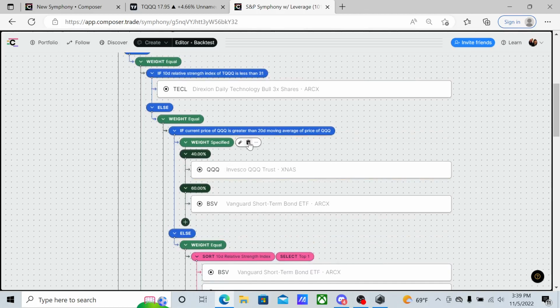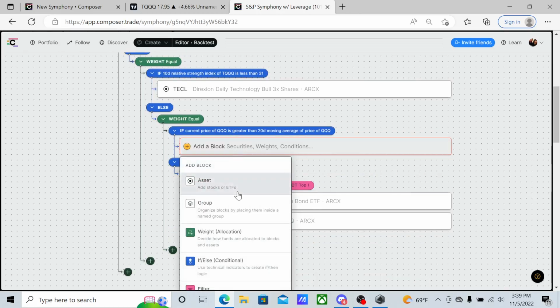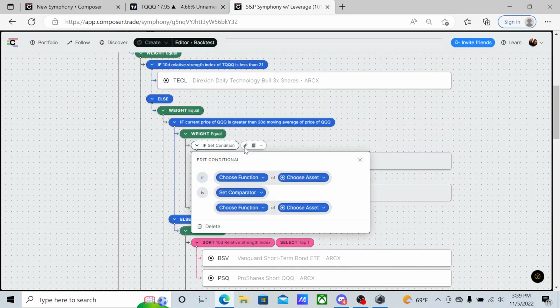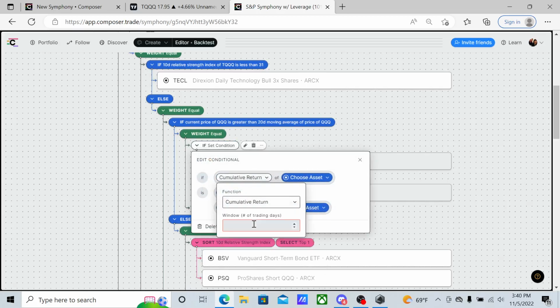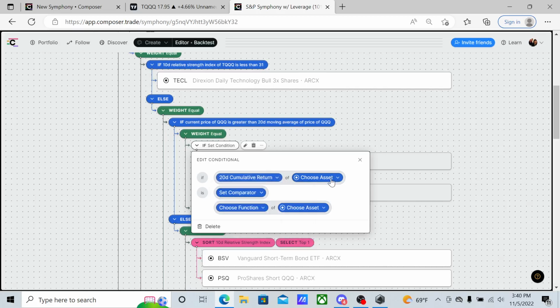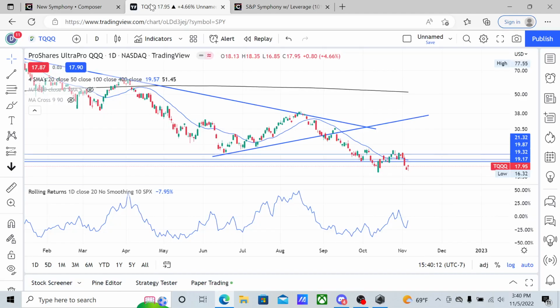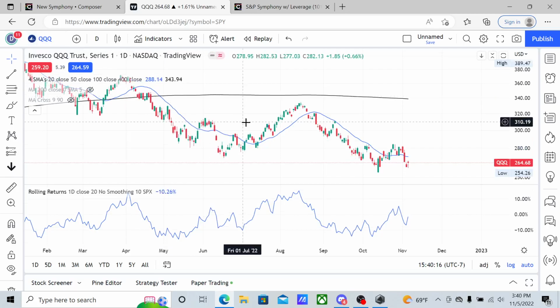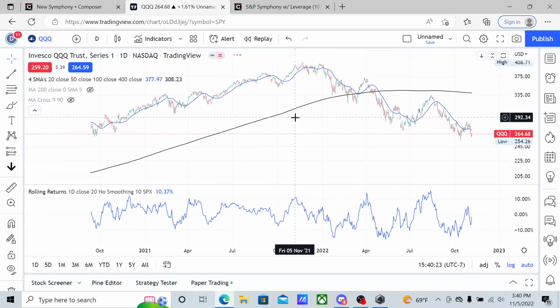Okay, so what you could do is delete that and say, if the 20-day cumulative return of, I'll go back to QQQ, is right around, let's see how often that's happening too.